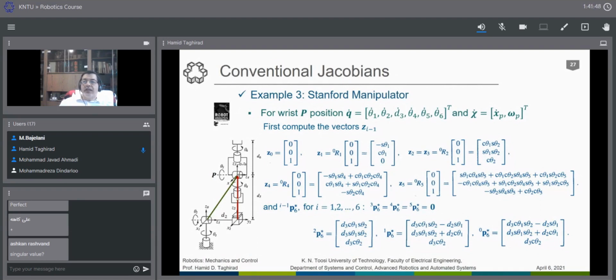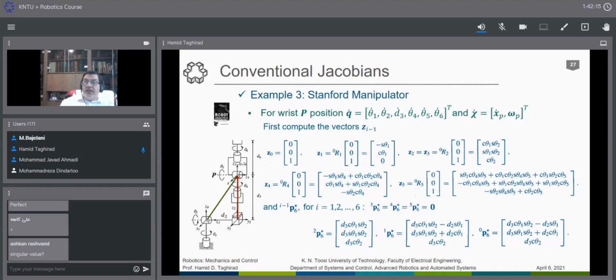This red vector is the D3 vector that can be multiplied by R_2 to 0 to bring it to the 0 frame. So the D3 vector will be multiplied by R_2 to 0. As we had it here, it will be found very simply this way.